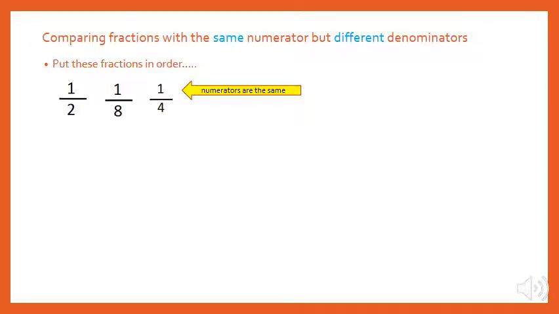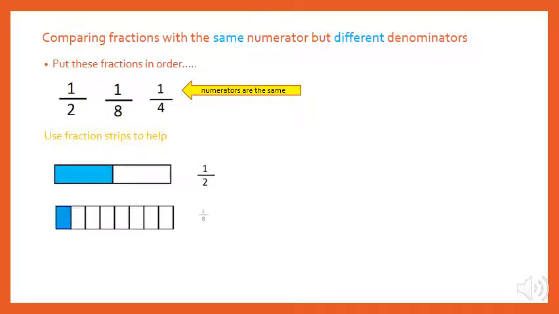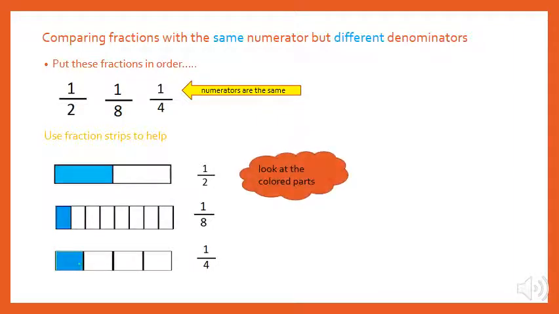Also, in this situation, you can make a model, draw strips for each fraction. Here we have 1/2, 1/8, and then 1/4. Now, look at the colored parts. You can now clearly see the greatest one and the least one.